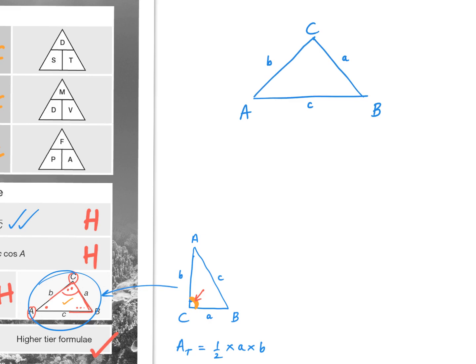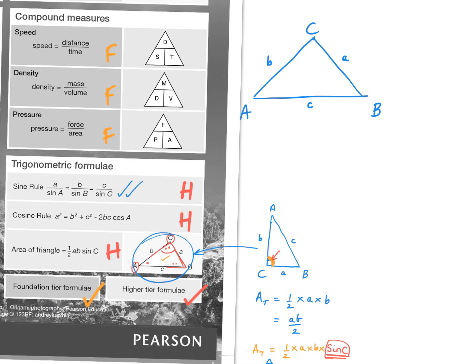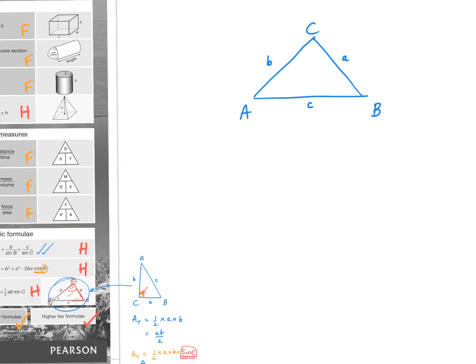Now, on the formula sheet, the only thing I want to have a little peek at is that we're using this angle here, A, in this instance. And I'll show you how to use the other two as well, just a quick way of remembering. Well, you can say, right, okay, I want to use this angle A here. So my advice is, pretend again that it's a right angle triangle.